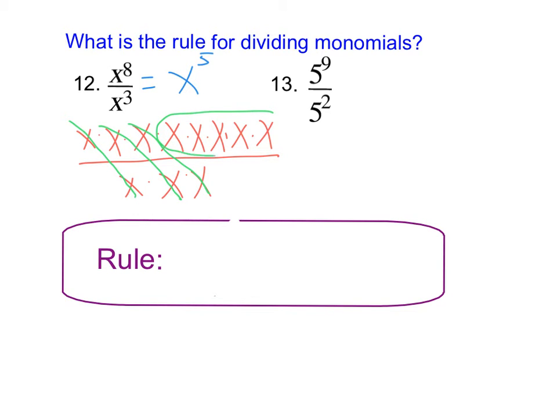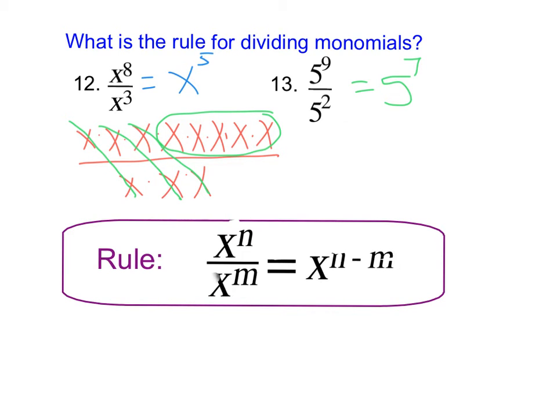So how many x's are left? We're left with 5. Just subtract our exponents. So it's 5 to the 7th. And 5 to the 7th is way too crazy. All right, so our rule here is just subtract. x to the n over x to the m. Subtract your exponents.